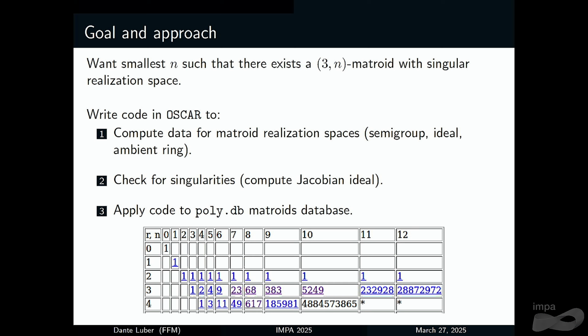And then it can also check for singularities using the Jacobian criterion. And since Oscar incorporates Polymake, and Polymake has this big database of matroids, we decided to just try to compute this data for as many matroids as possible going across that third row, the row indexed by 3. And then check for singularities and look for something interesting.